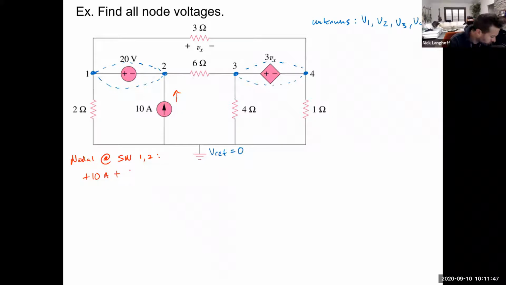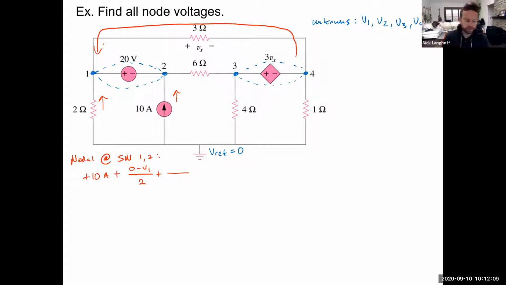Then on the node 1 side, on the left side, we get the current flowing through the 2 ohm resistor. That's going to be 0 minus V1 over 2. Then again on the node 1 side, we get the current flowing all the way through the 3 ohm path from node 4.